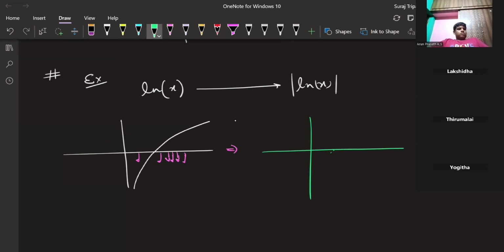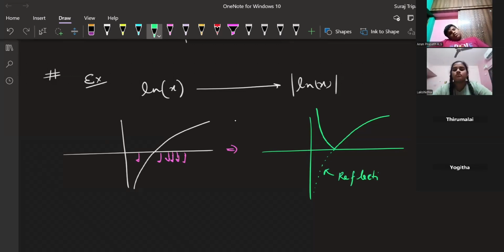As you can see, previously the line was there below the x-axis. Now after putting mod over the entire function, the new graph will become like this. What I'm doing is just taking the reflection of this portion along the x-axis.